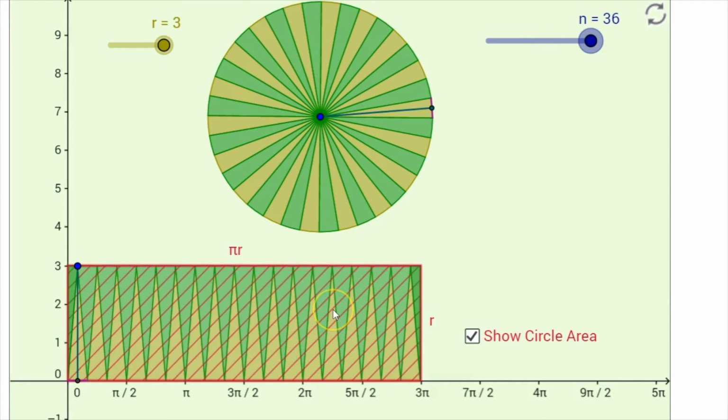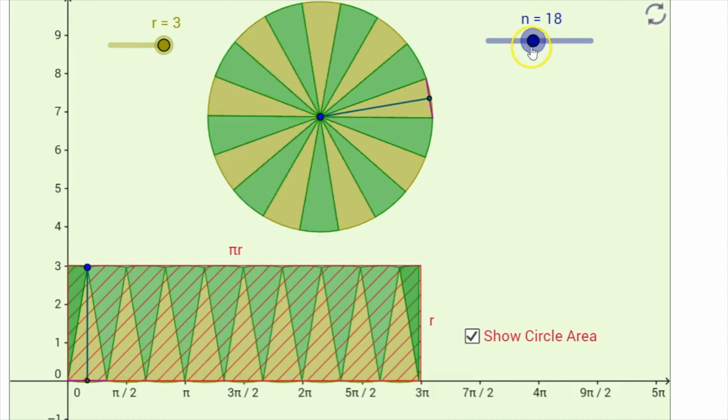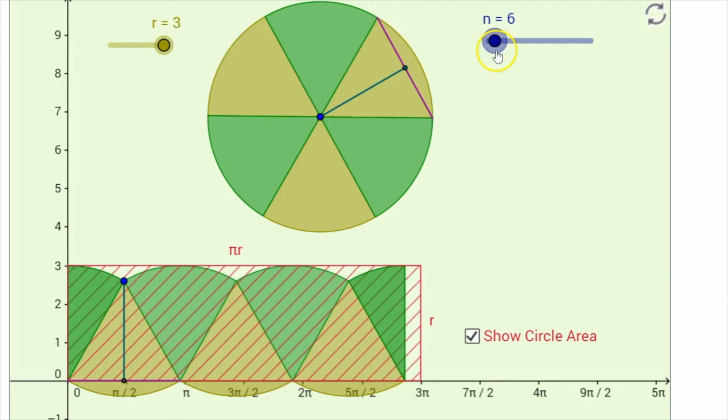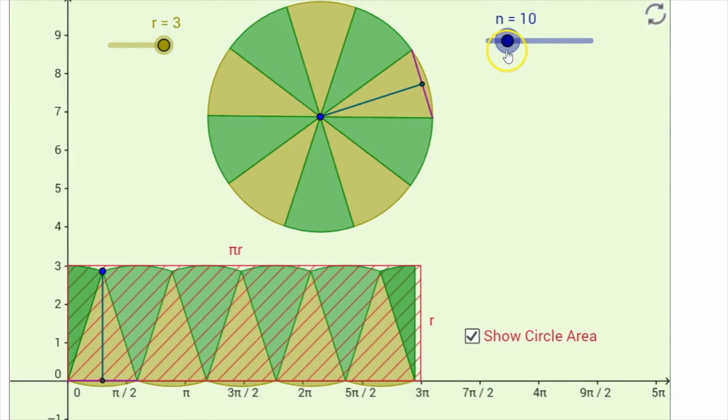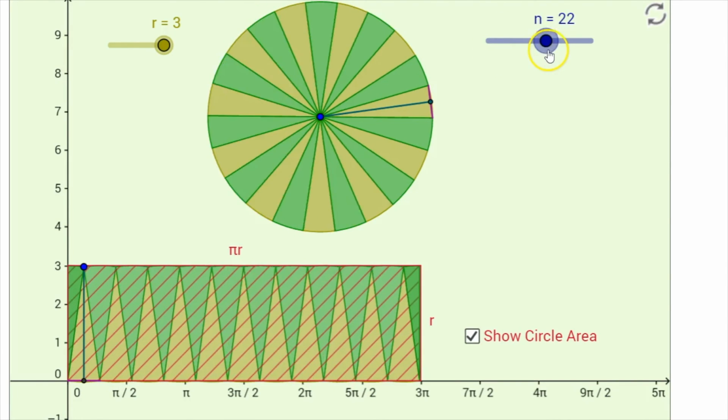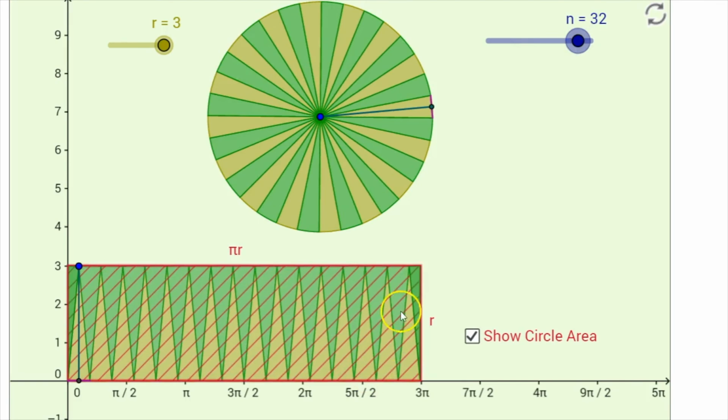What a beautiful job. Thank you, Linda. This is great work to visually get the idea of that limit argument. As we cut pieces thinner and thinner, our radius approximates our height, and half of the circumference approximates this base. Nicely done.